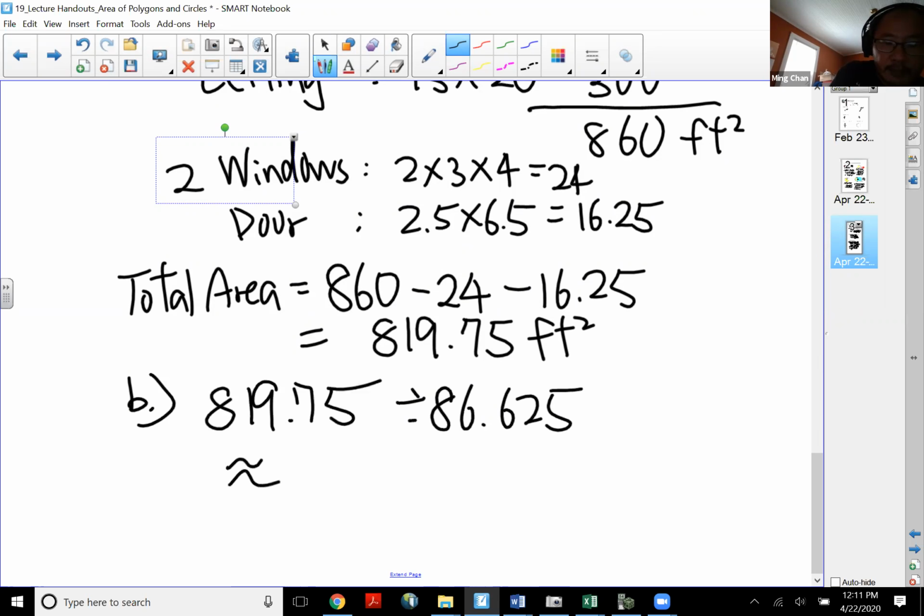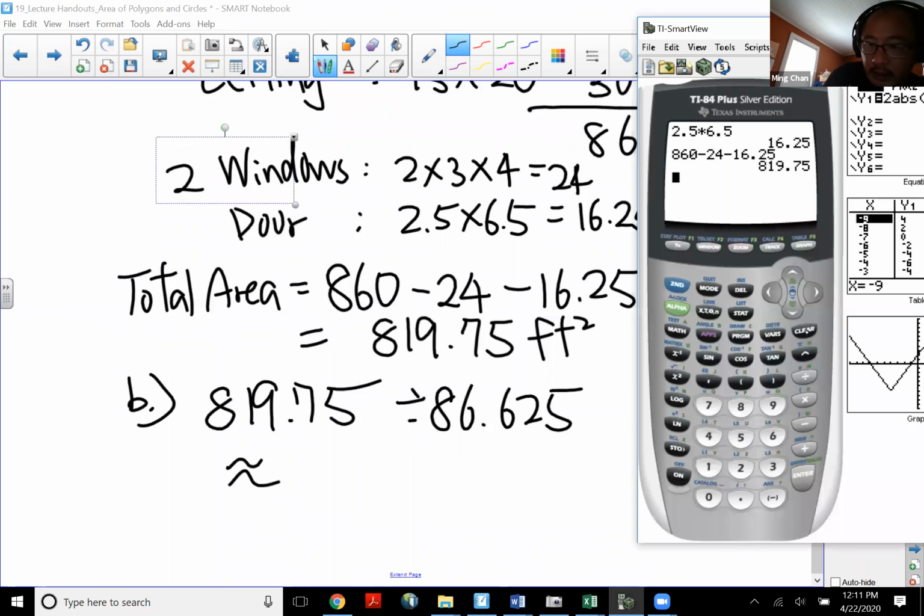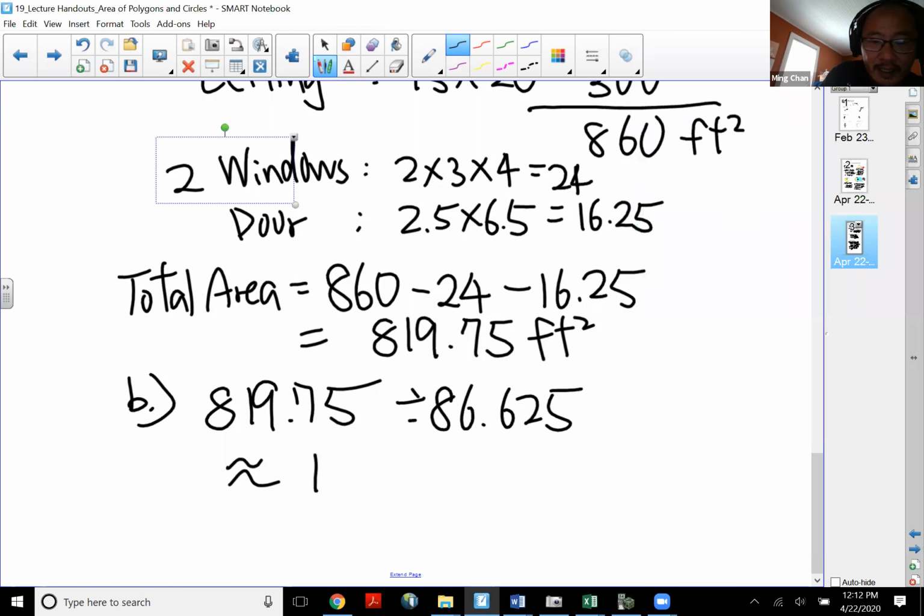That will tell me how many gallons I will need. Again, let's assume I cannot buy part of a gallon. 819.75 divided by 86.625. I've got to buy about 10 gallons.